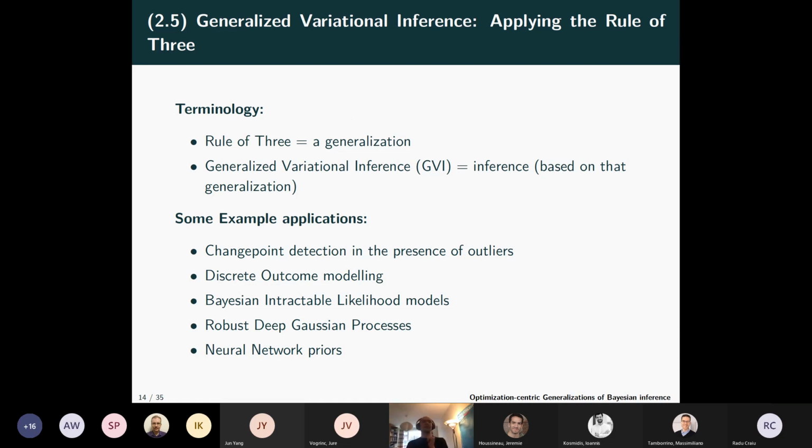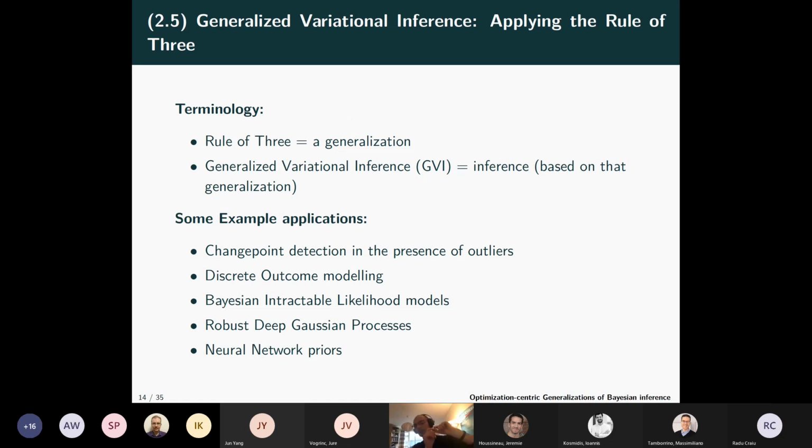Okay, and in the next part, I'll go over some examples where we've applied this logic of generalized variational inference, or the rule of 3, to actually contribute methodologically to a couple of places. So one of those examples that we did fairly early on was change point detection, when you're observing a time series online, but then you also have outliers that might fool your algorithm into believing that an outlier marks the beginning of a new segment.